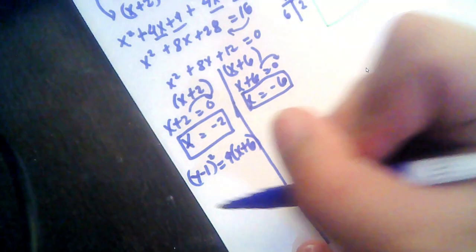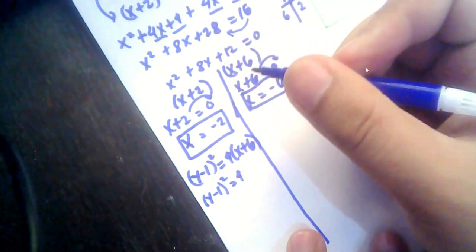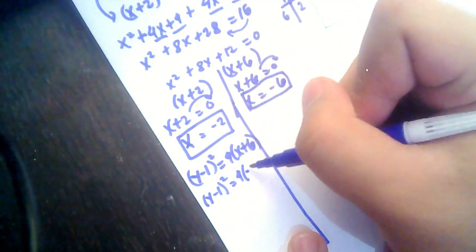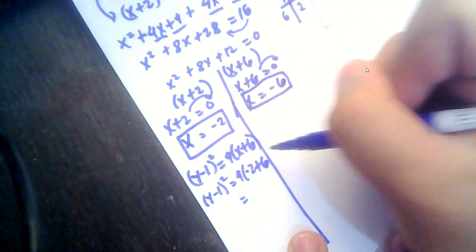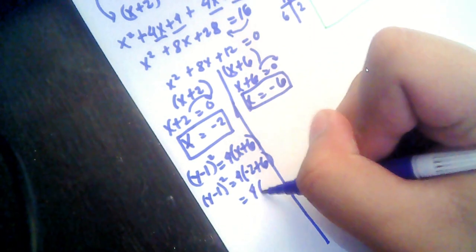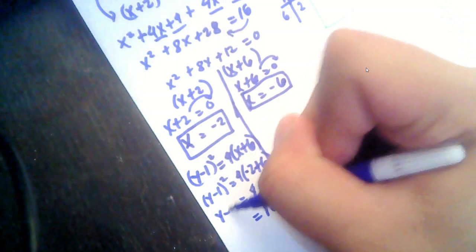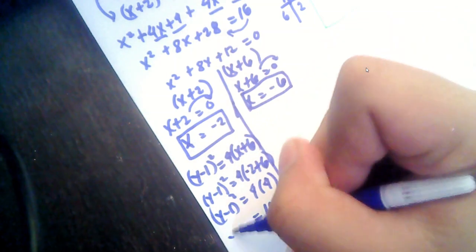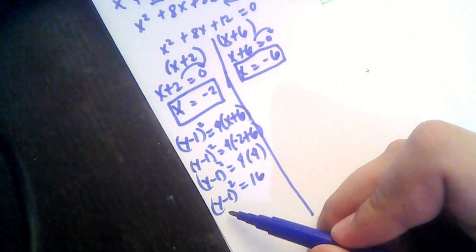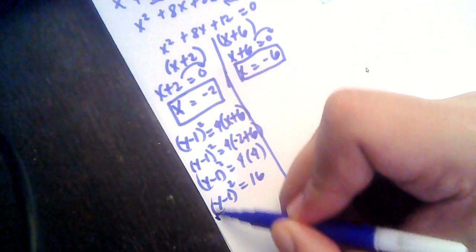So that is now y minus 1 squared equals 4 times negative 2 plus 6. So that is 4 times 4, that is 16. So you have y minus 1 squared equals 16. Okay, I hope you can follow. And as you can see, 16 is a perfect square, so you can take the square root.